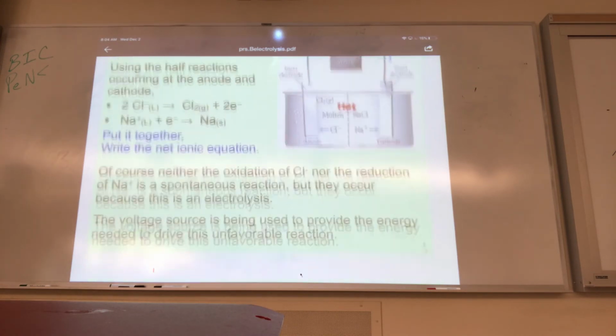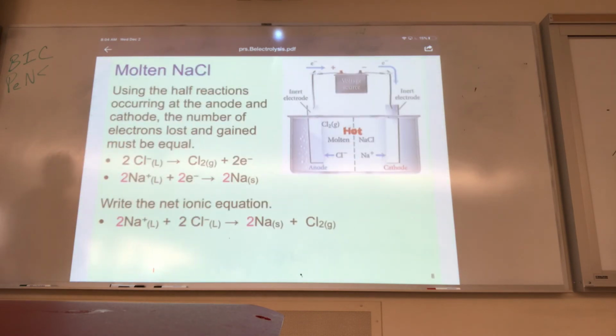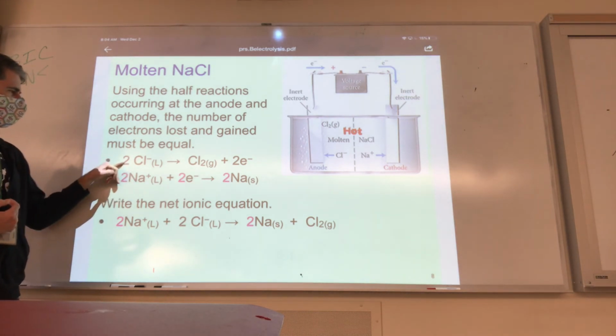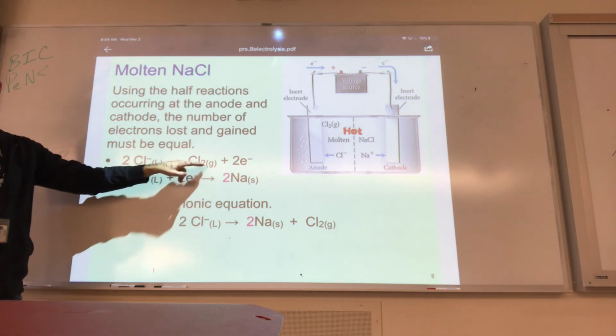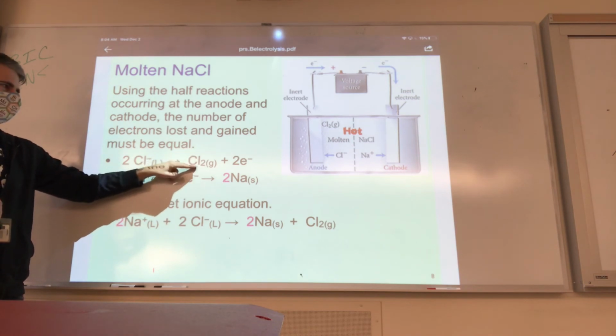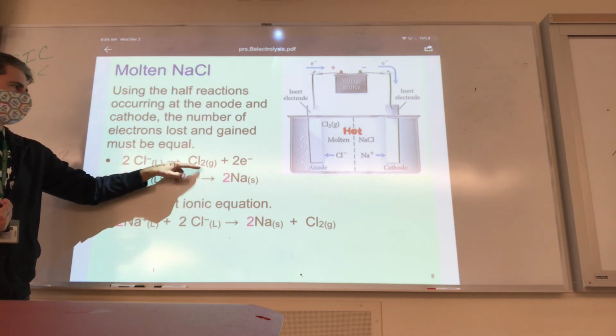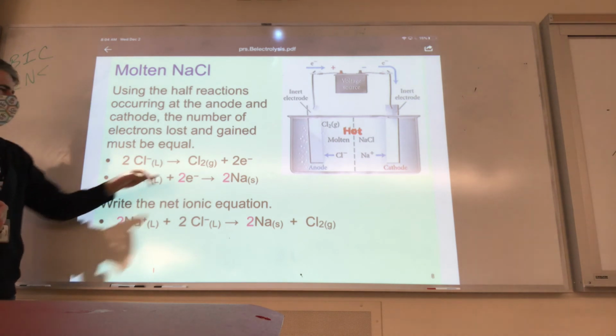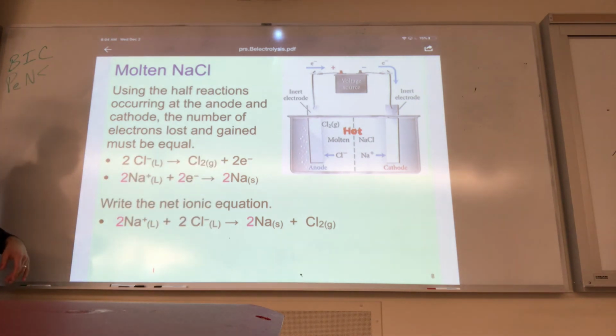So, obviously what we need to do is balance for electrons to do the net ionic. Because we're forming chlorine gas, and chlorine gas forms in molecules of Cl2, that releases 2 electrons.